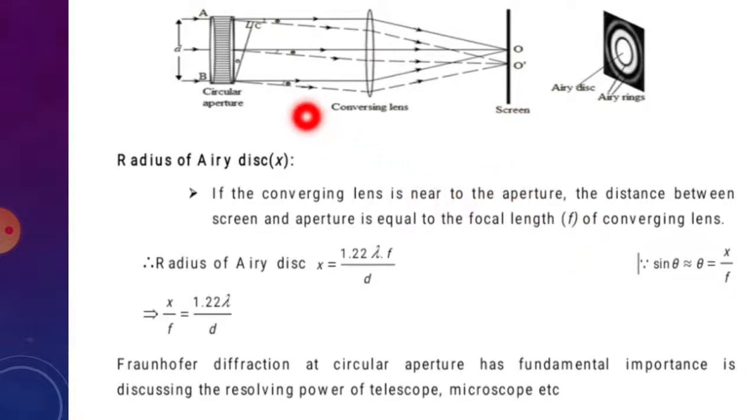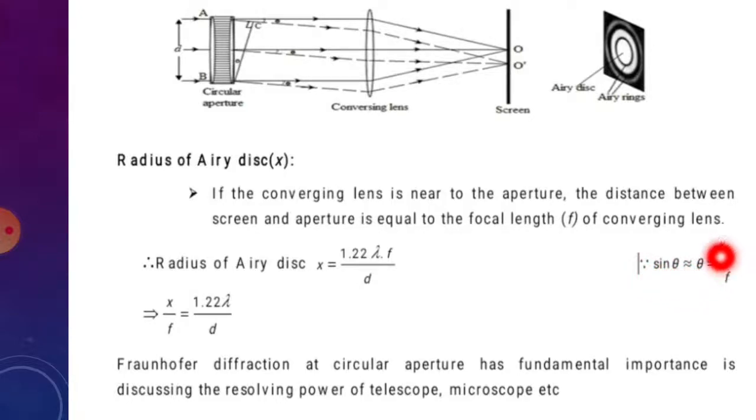Okay. Now here we can apply the sine function to this particular triangle. Sine theta is equal to this distance x by this distance f. So, sine theta is equal to x by f. Here theta is small, so sine theta is nearly theta.